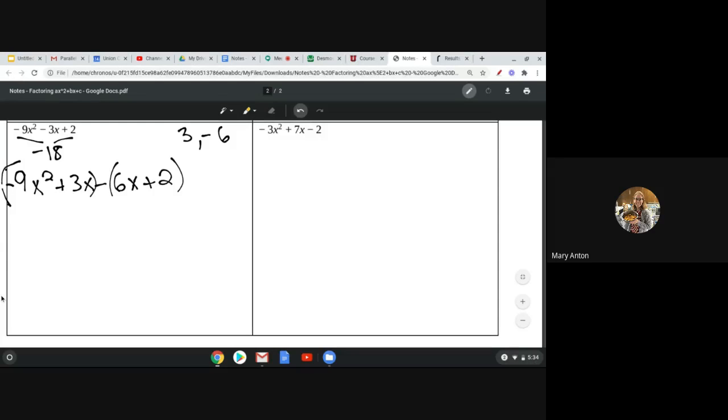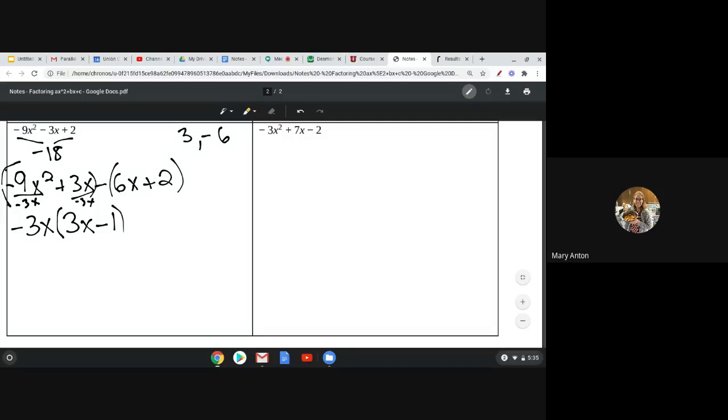And since this first term is negative, I'm going to factor out a negative 3x, because we can also factor out an x out of both of these terms. So if I factor out a negative 3x, let's see, negative 9x squared divided by negative 3x. Well, negative 9 divided by negative 3, that's a positive 3, and then x squared divided by x, that's just 1x. Now 3x divided by negative 3x, well, that's just negative 1.